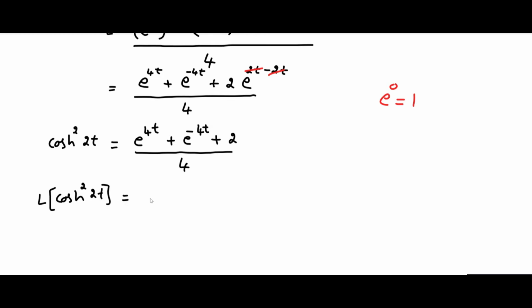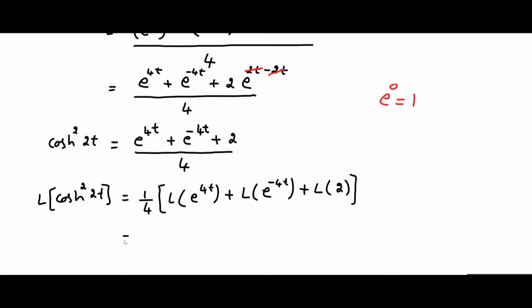On the right hand side, I'll just take that 1 by 4 outside, the constant. We need to apply the Laplace transform individually for each of the terms. So I'll be getting Laplace transform of e power of 4t plus Laplace transform of e power of minus of 4t plus Laplace transform of 2.